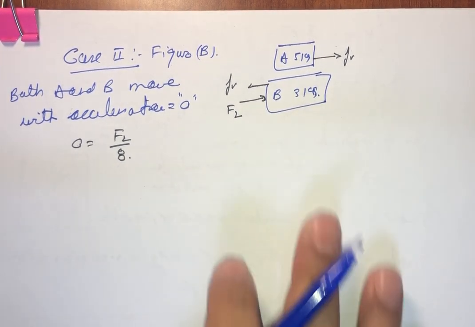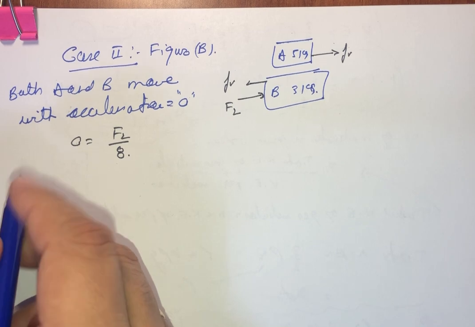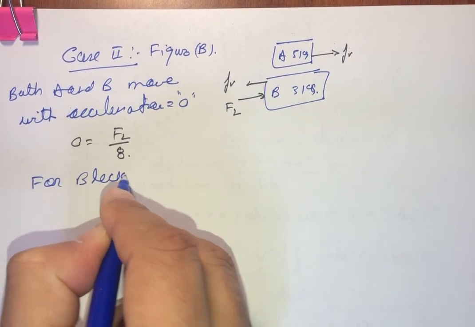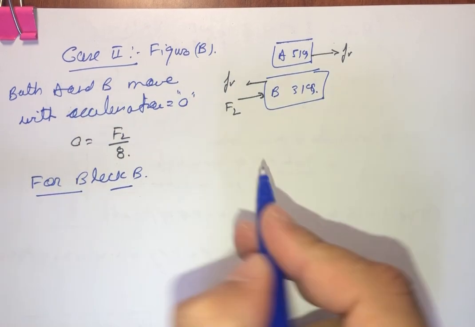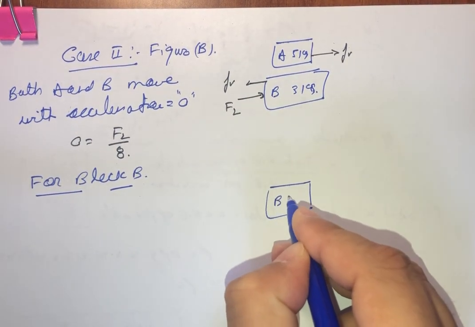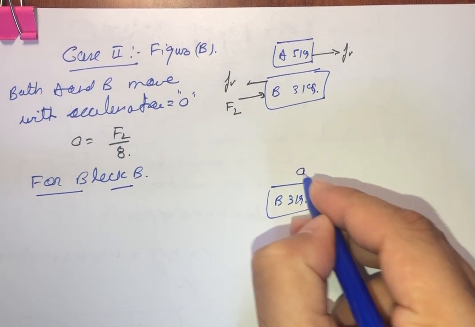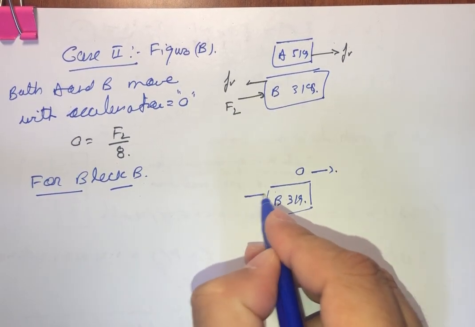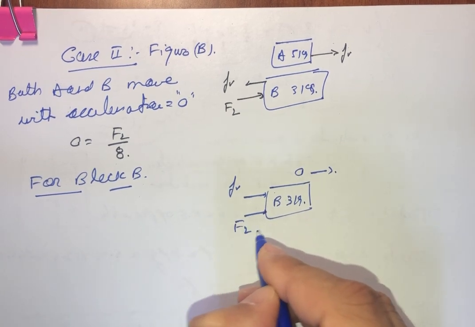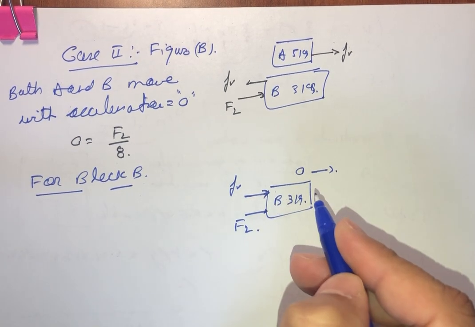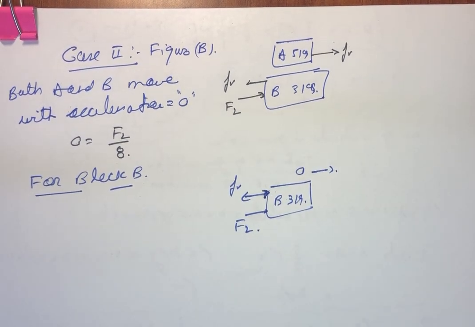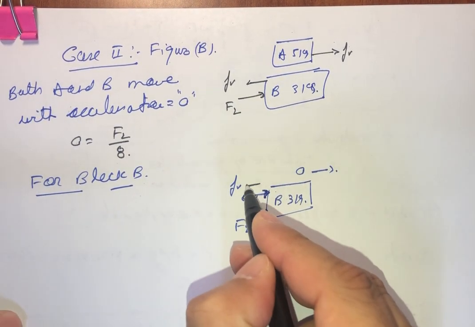So let's write for block B. For block B of 3 kg moving with acceleration a, we have Fr and we have F2, in the opposite direction. So the direction of Fr will be in this direction.